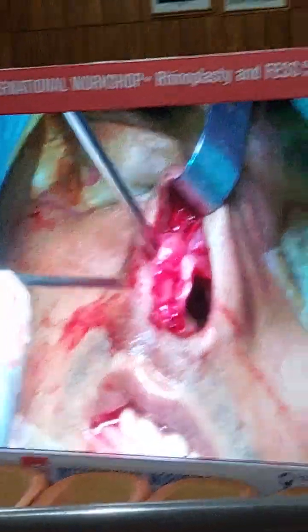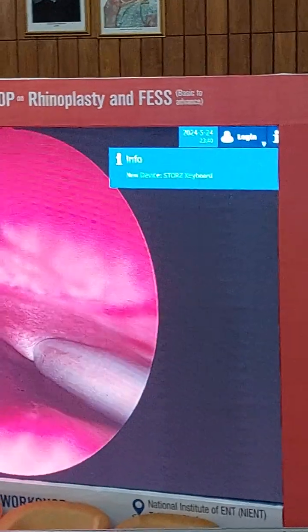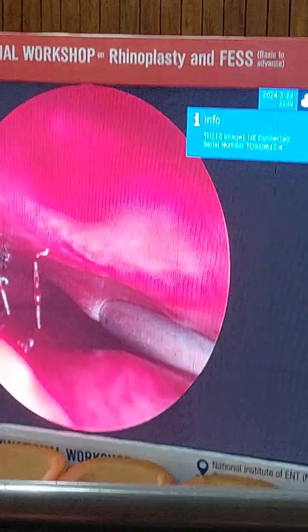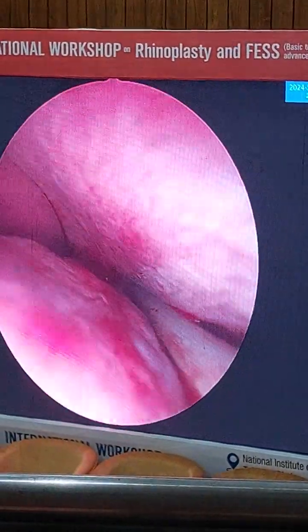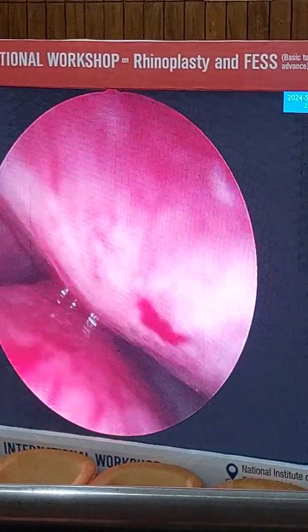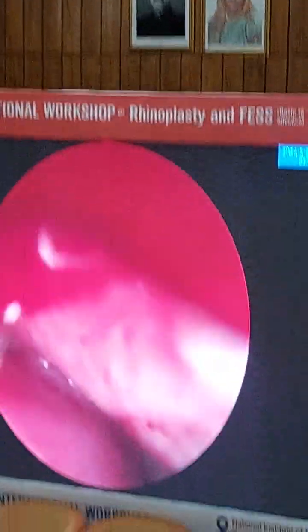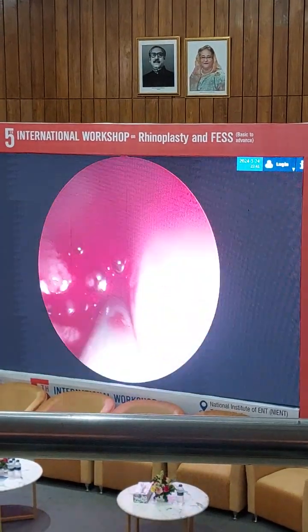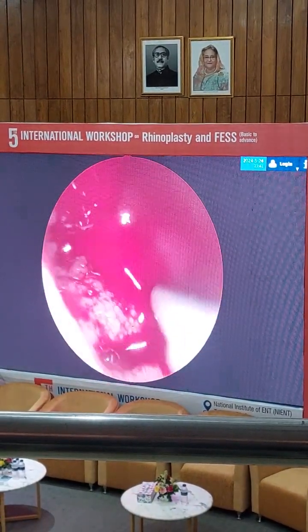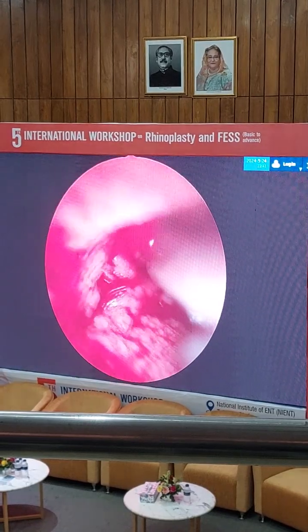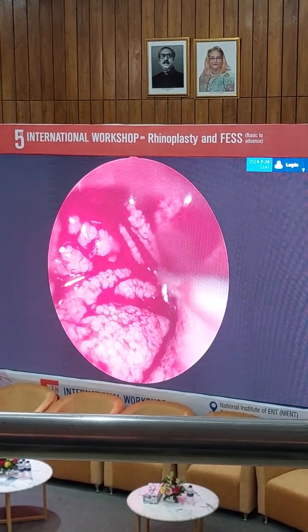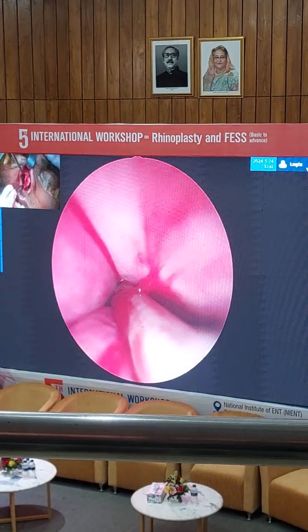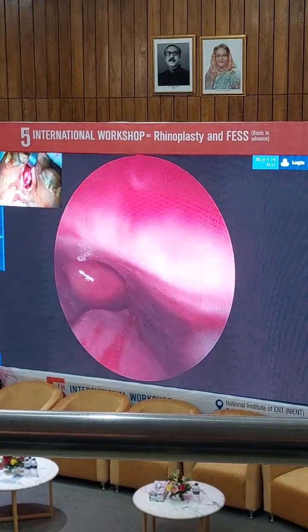So now you can have it, this is the picture. Now you can go. The septum is pure, completely on this side.